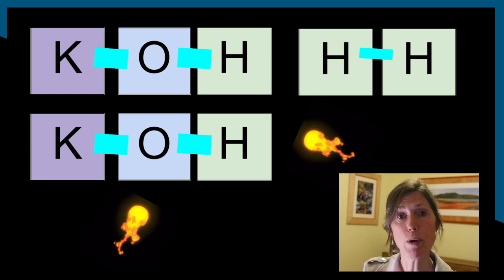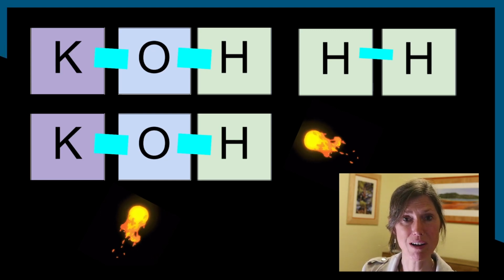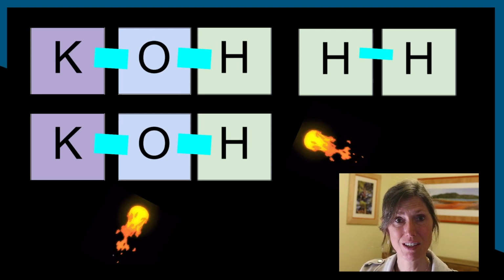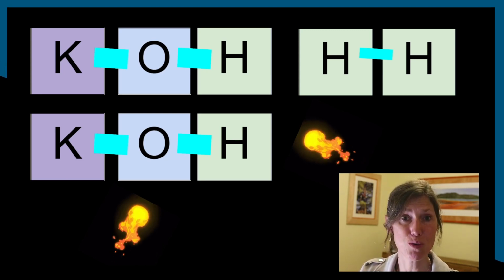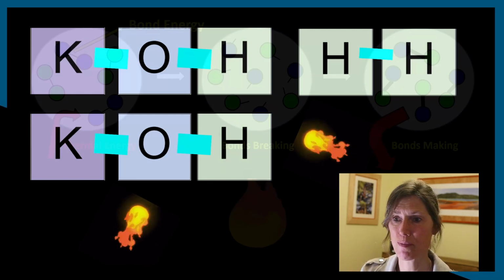So weaker bonds were broken, stronger bonds were formed, and therefore we have an exothermic reaction happening. So that realization is so key for the students.